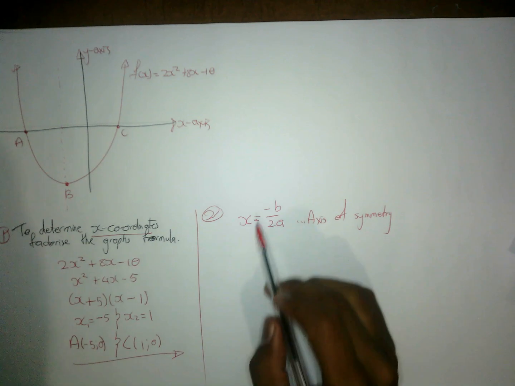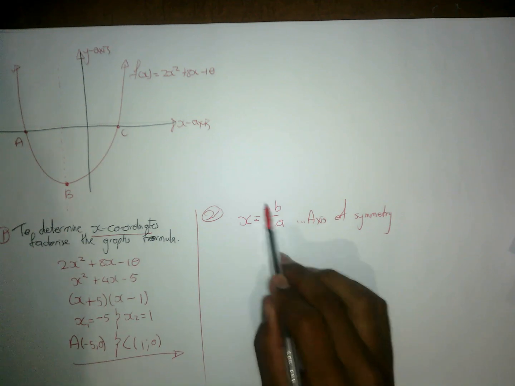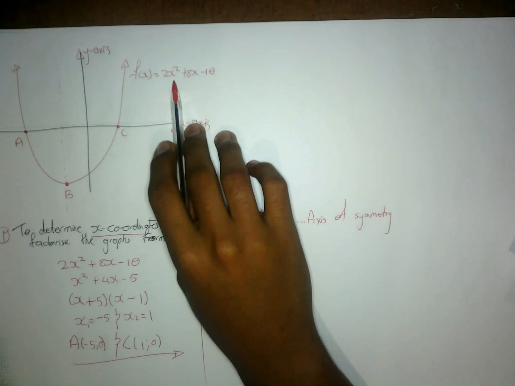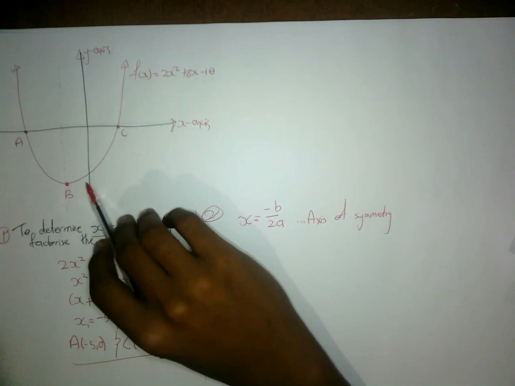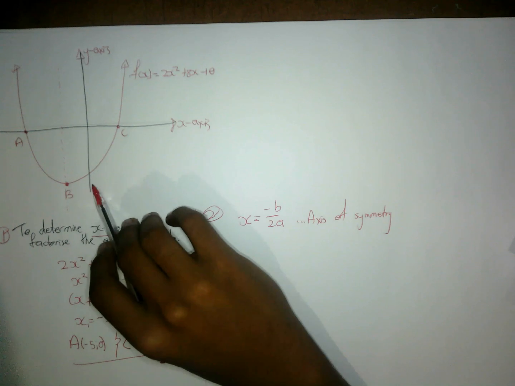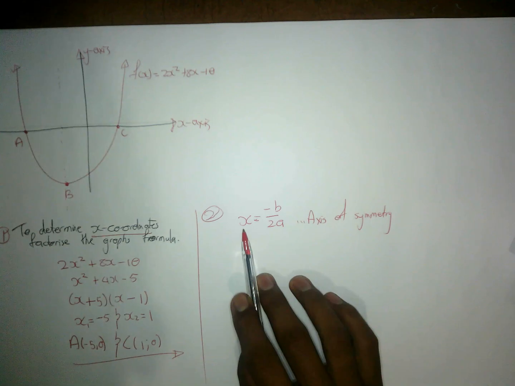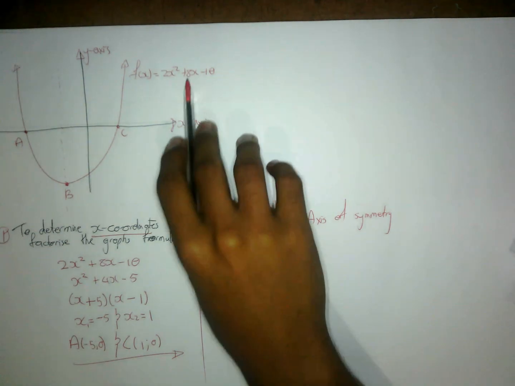Then after this x coordinate, we substitute the answer of this x value into the equation of the graph to get our y coordinate. Because the y coordinate is going to be here somewhere, but we don't know. So we substitute the axis of symmetry x into the given equation.